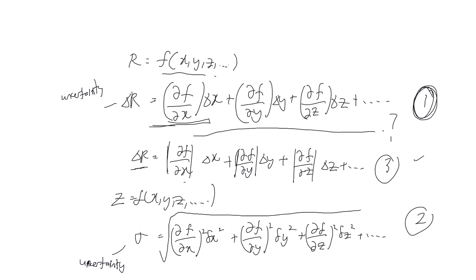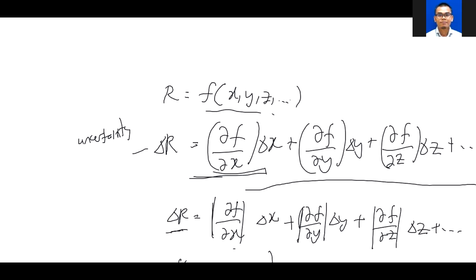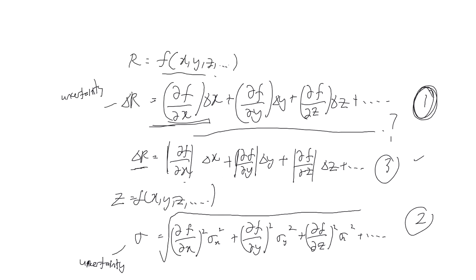Okay, there's a mistake here. This is not delta x. There's supposed to be sigma: sigma x squared, sigma y squared, sigma z squared, not simply delta.